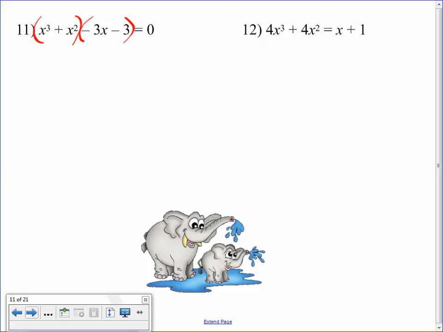So what's the GCF in just this first set? X squared. So if you take out an x squared, what's left? 1. Right, there's a 1 there. What's the GCF in the second set? Good, -3. If you take out a -3, what is left?